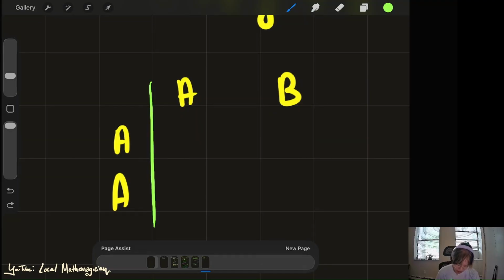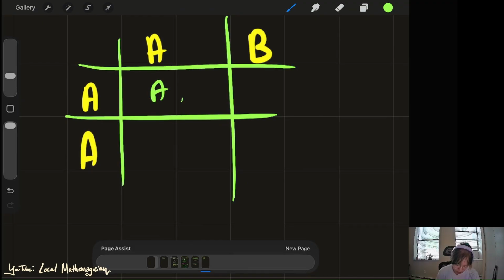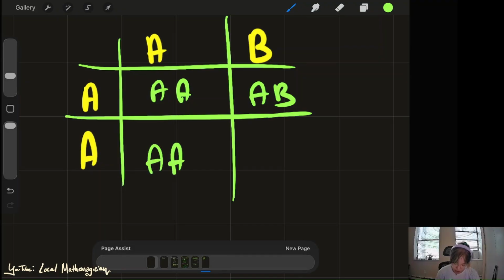And so this combination will be AA, this combination will be AB, this combination will be AA, and this combination will be AB, right? Same exact idea. It's a combination problem.